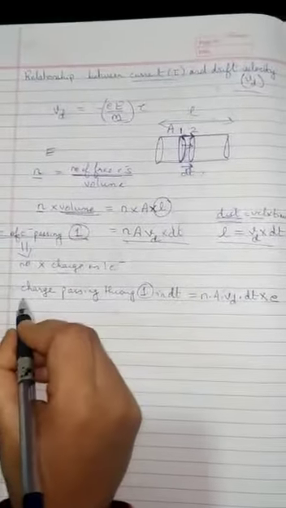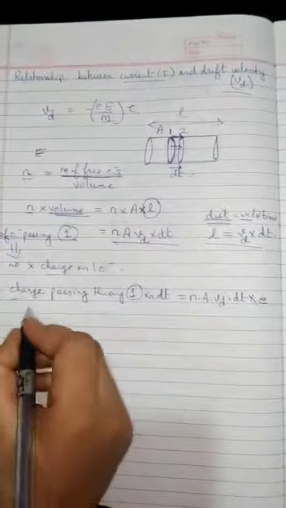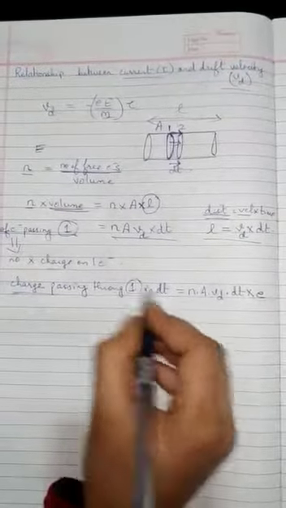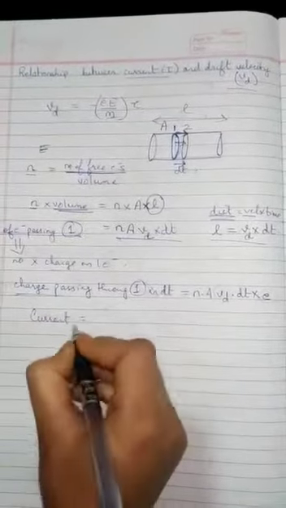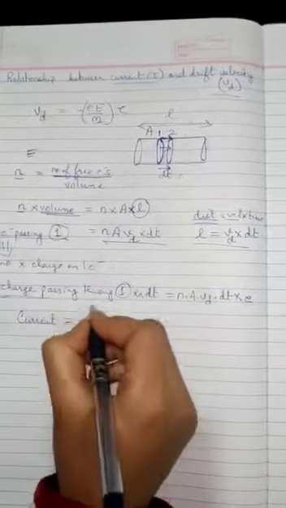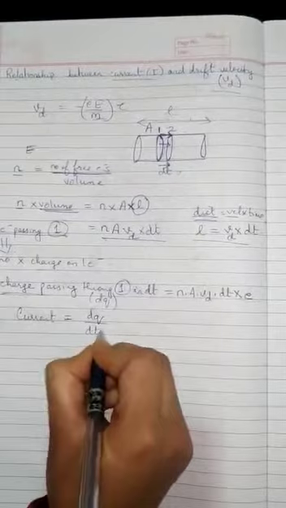Now this is the charge passing in time interval dt. With the help of this charge, we can easily calculate the current passing through this cross section. The formula for current, from the definition, is the rate of flow of charge, dq by dt.